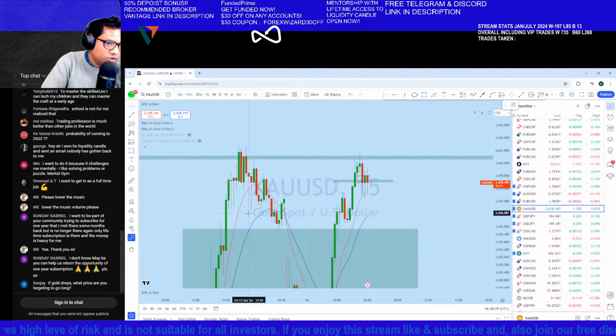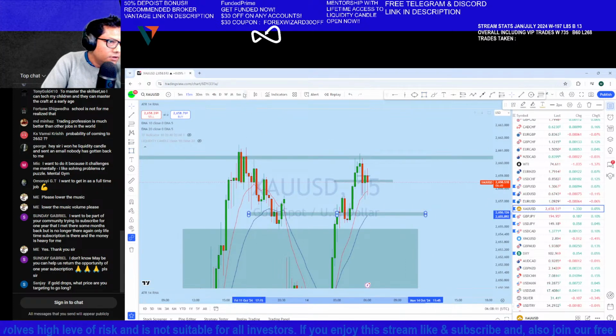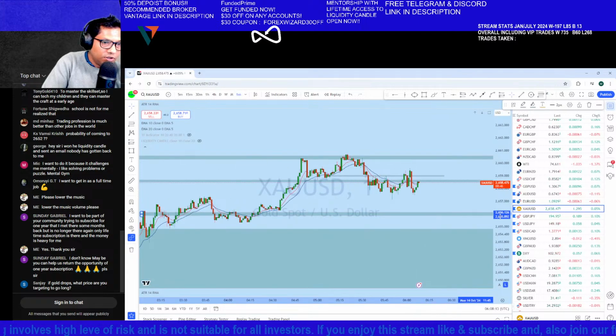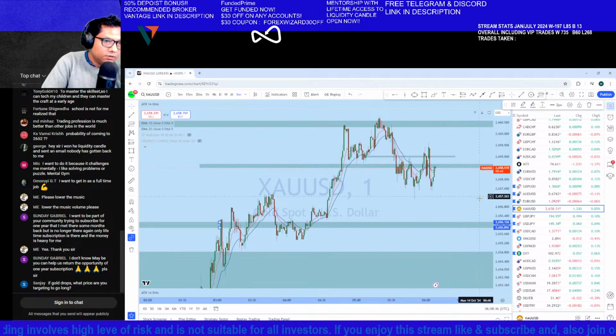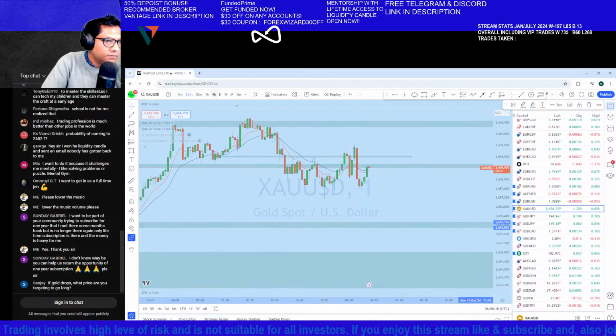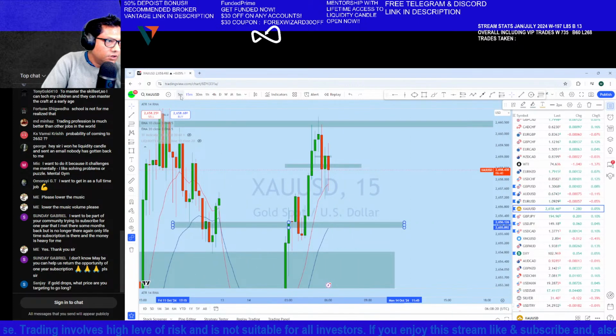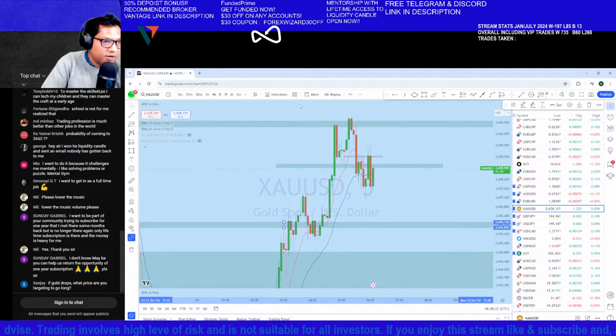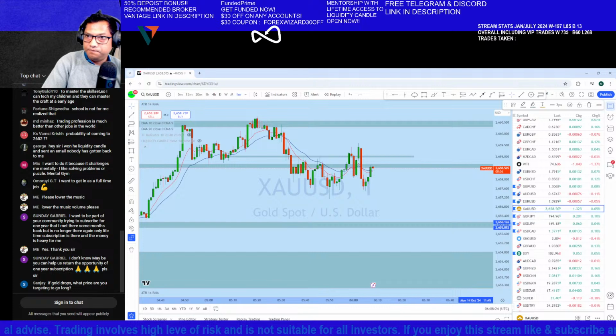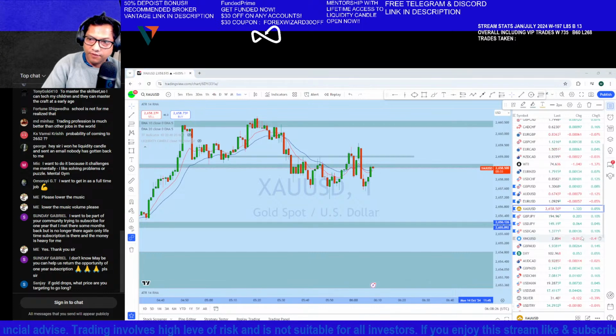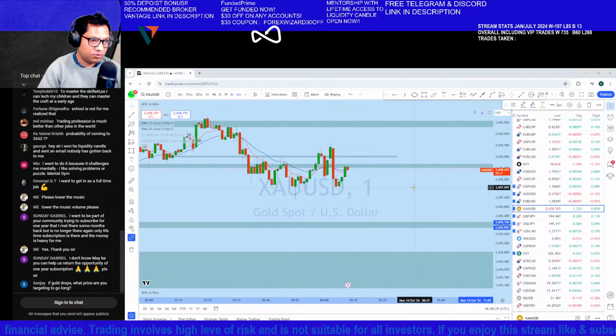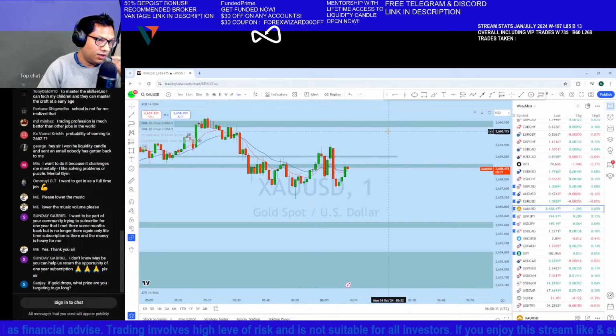I think we might see price go to this level, and see if there is any potential entry. Still no. We have to still be patient. Sometimes we have to be really patient when we are in any position.